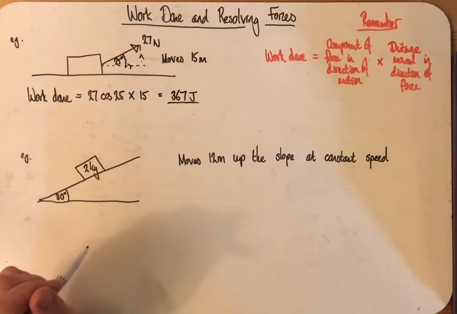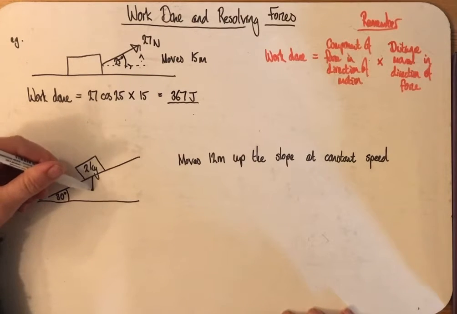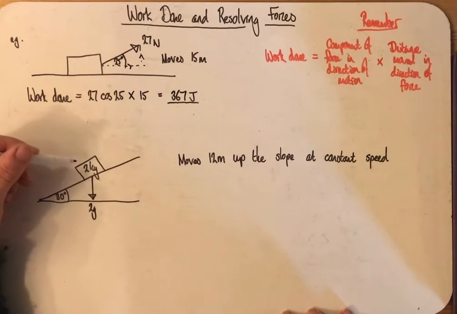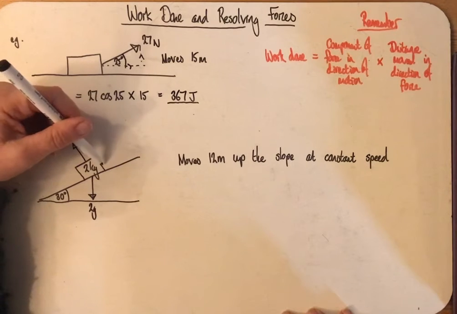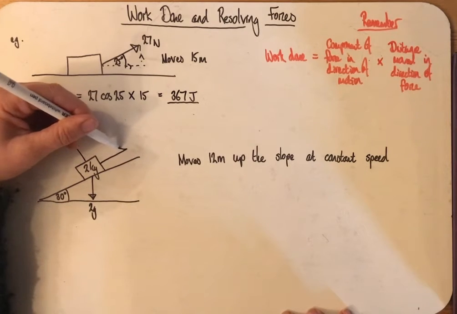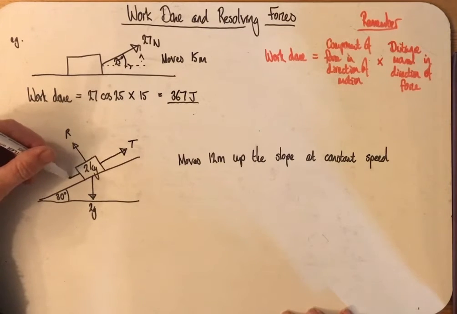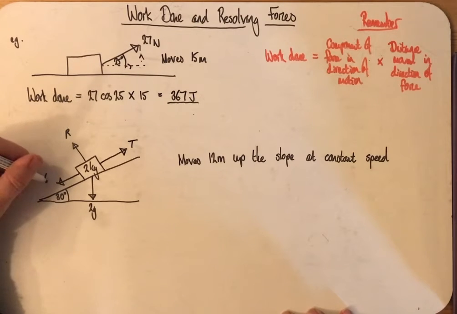Similarly on a slope, so thinking about these forces, I've got 2g coming down, which is the weight. I've got a reaction force. I've got a pulling force. It's going to be moving up the slope. And we can also have a frictional force of 6 newtons.